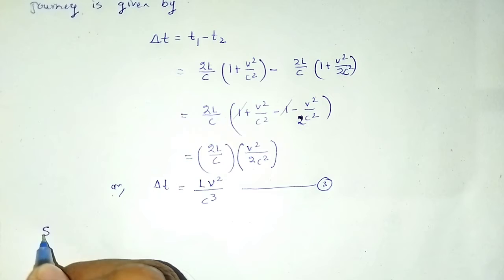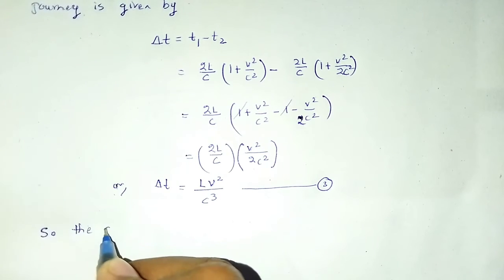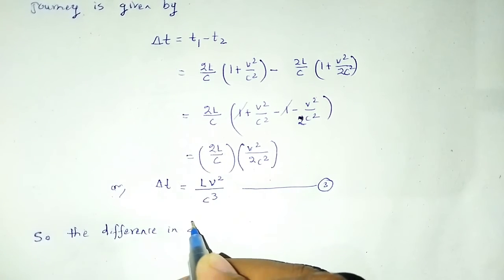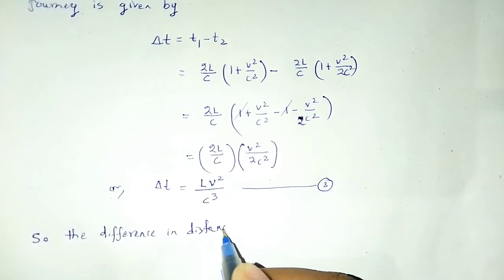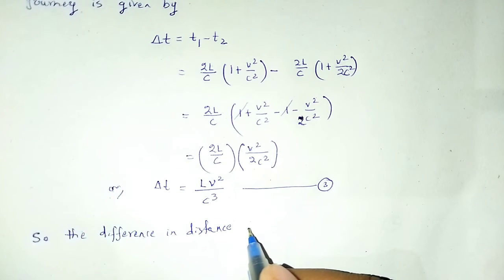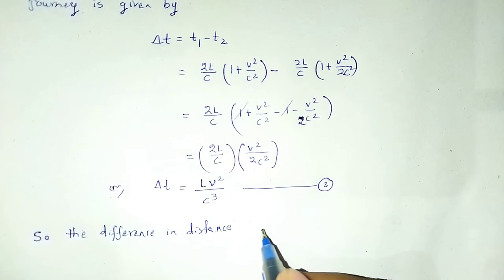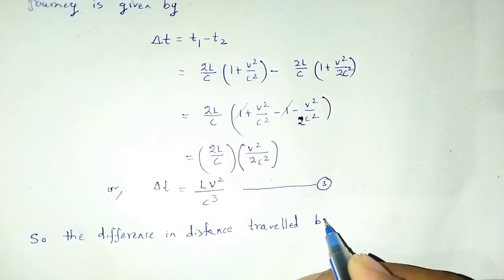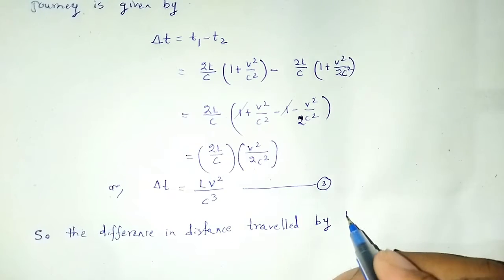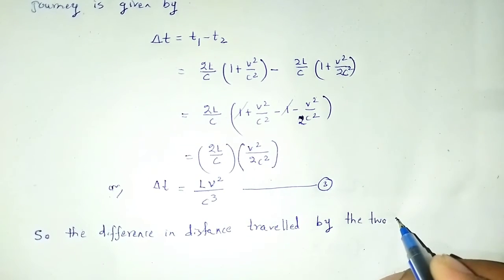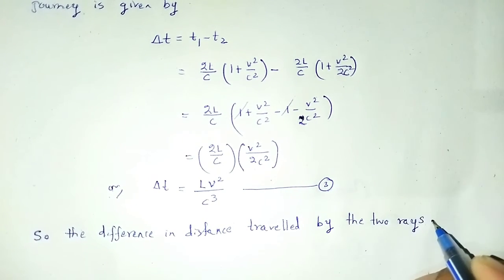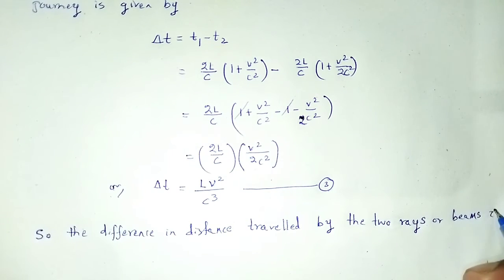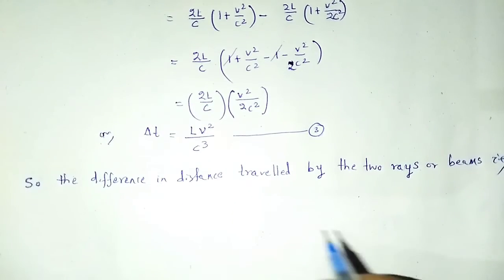So the difference in distance travelled by the two rays or beams, that is the path difference.